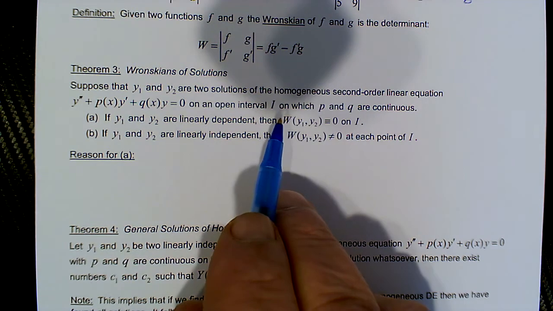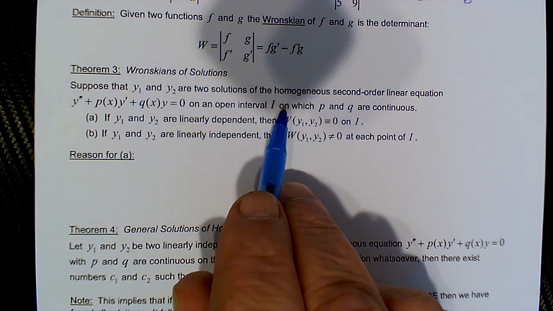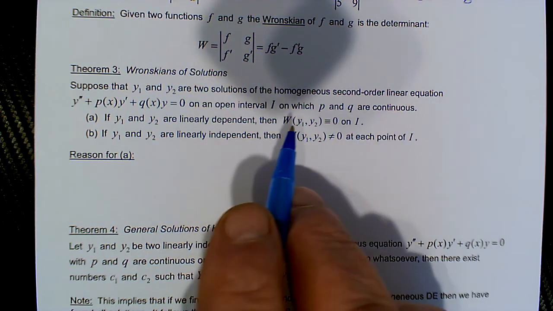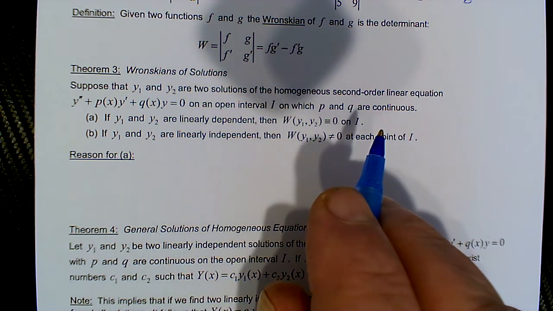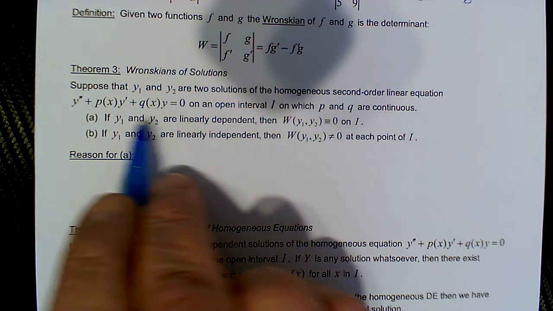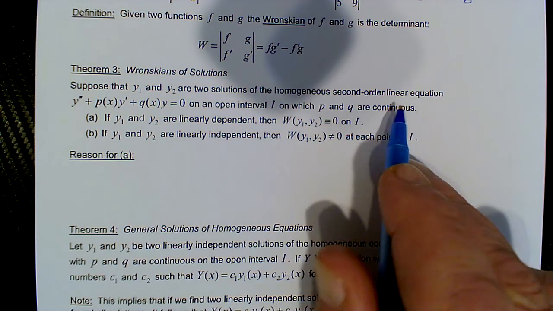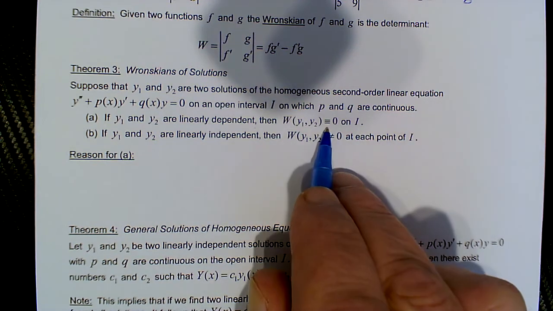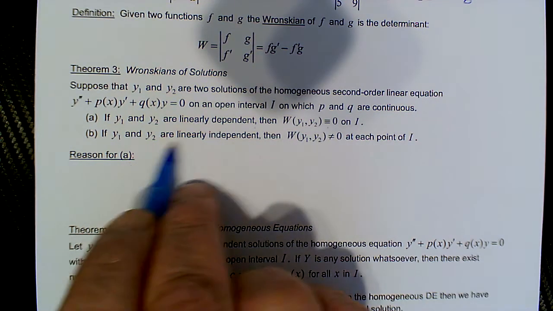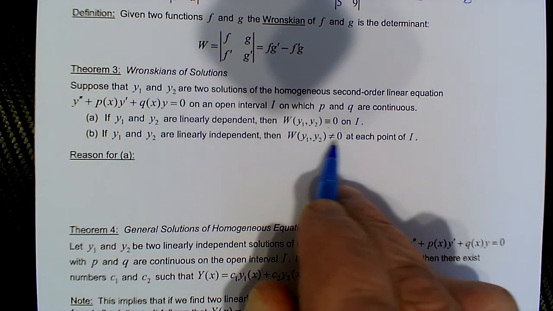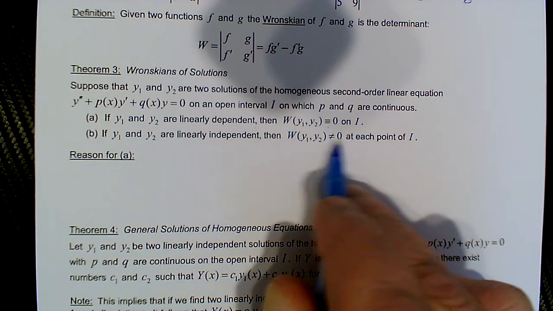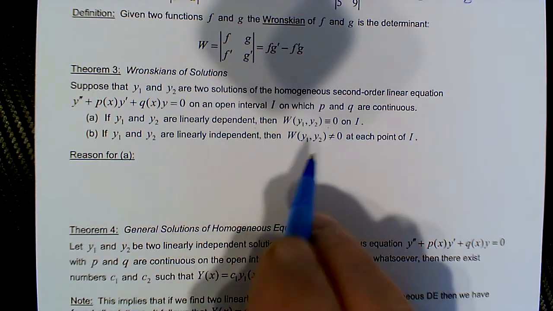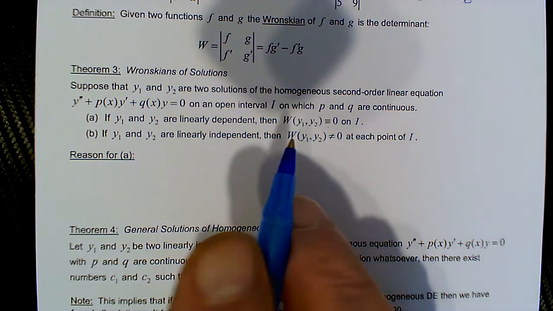So suppose y1 and y2 are two solutions to the homogeneous second order linear equation. We want them to be linearly independent. And there's another formality again. But if they're linearly dependent, the Wronskian is going to be 0, and if they're linearly independent, the Wronskian is not 0.